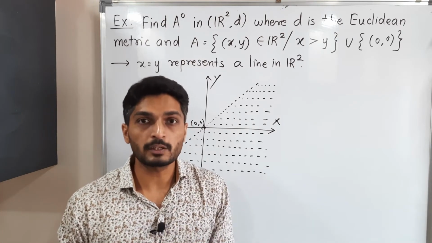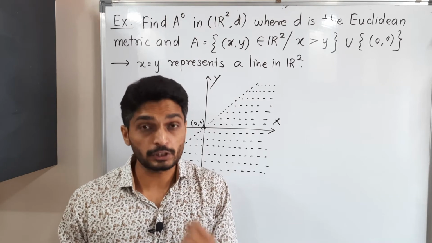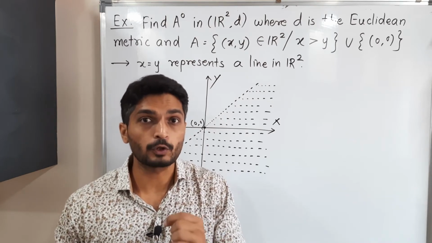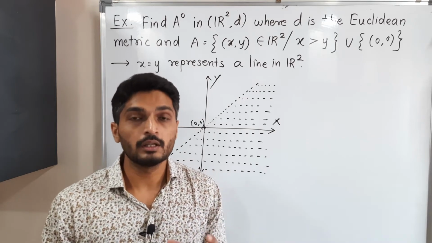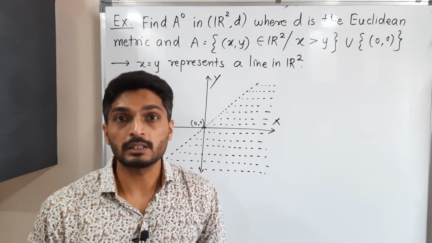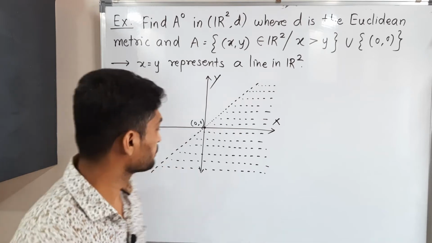So see, what is our method? We take one arbitrary point and we check whether it is an interior point or not, or by considering the behavior of that point, we will guess what will be the interior points. So let us start.